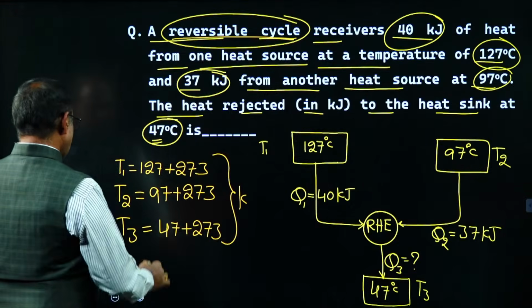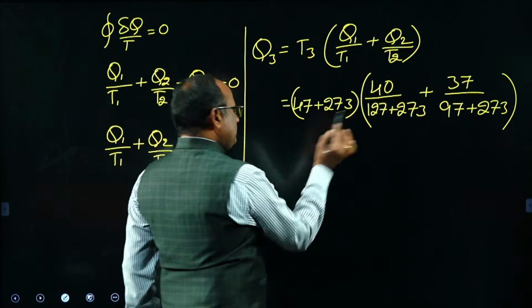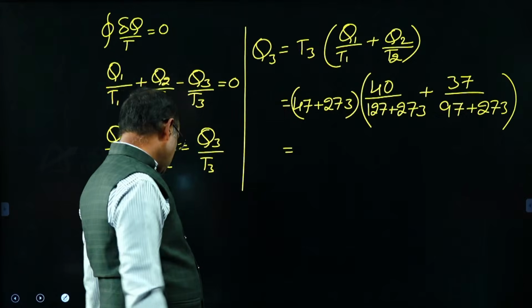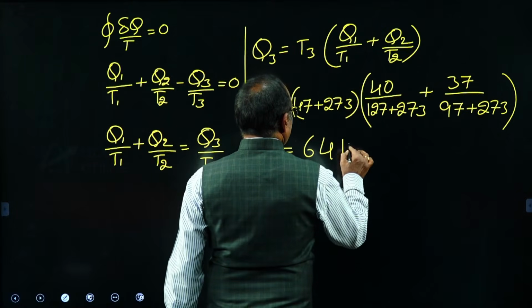You simplify this value and operate your calculator to get the answer. My calculator has shown 64 kilojoules.